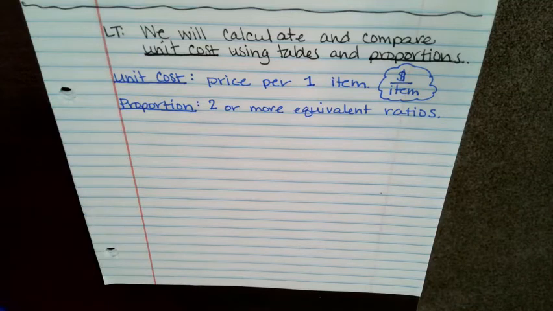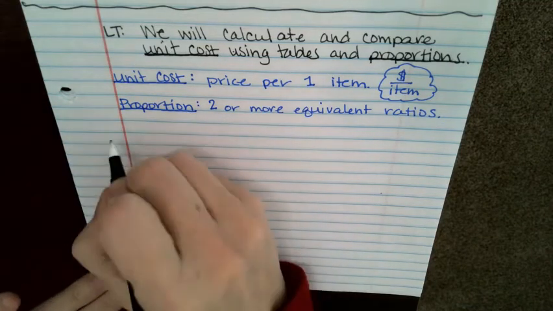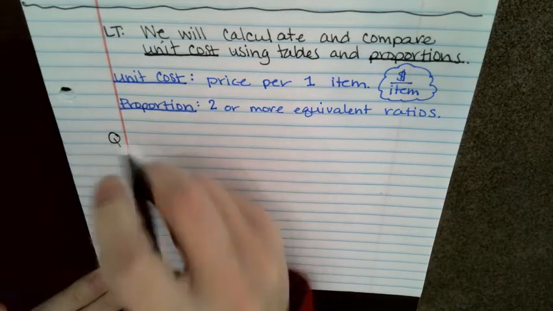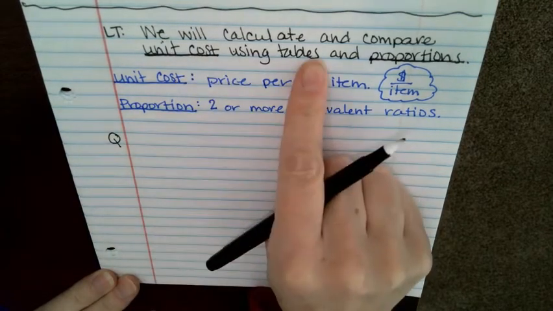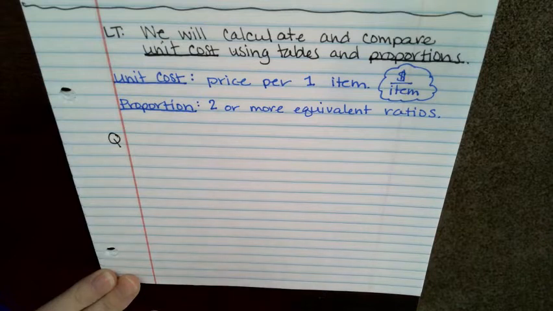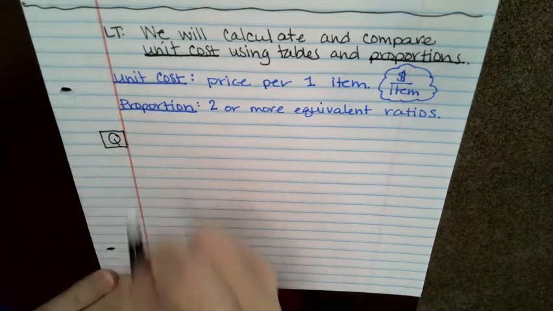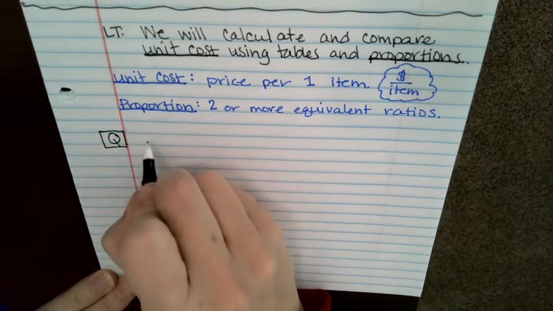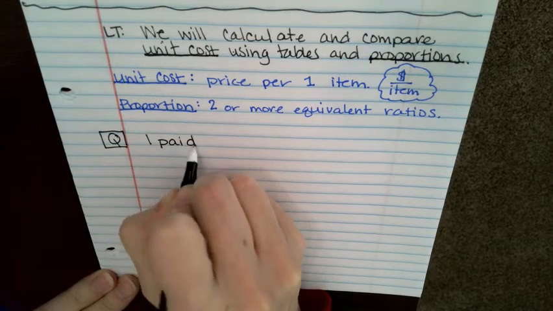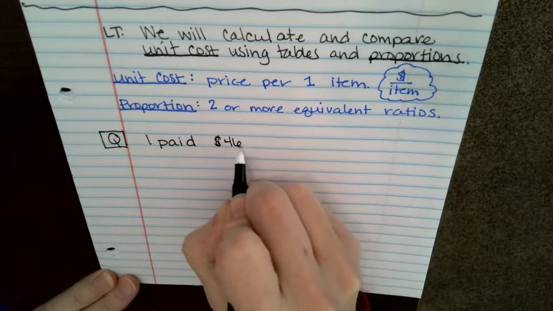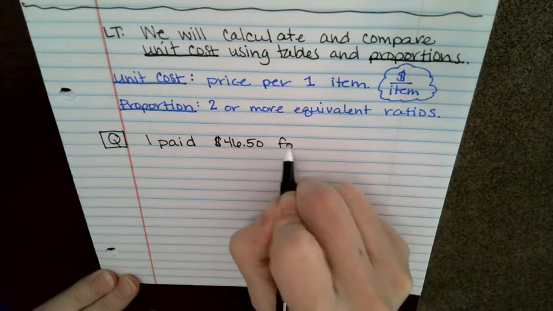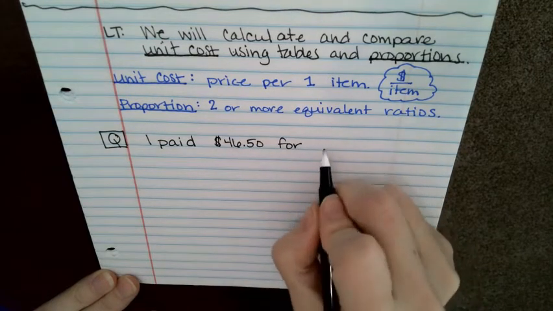So let's go ahead and get started. I'm going to give you a question, and we are going to show how to answer that question using a proportion and also using a table. So here's your question. I paid $46.50 for 15 copies.